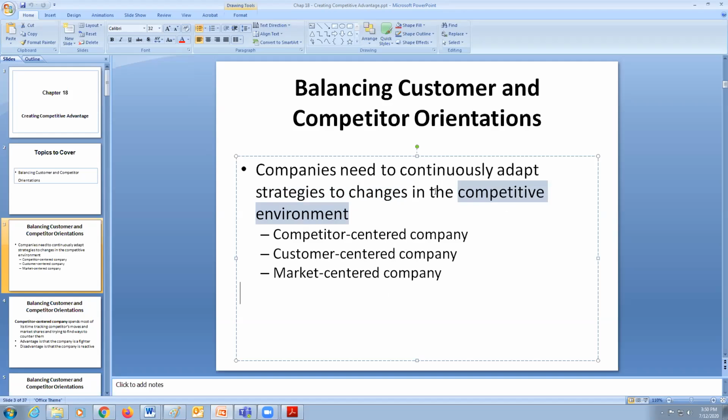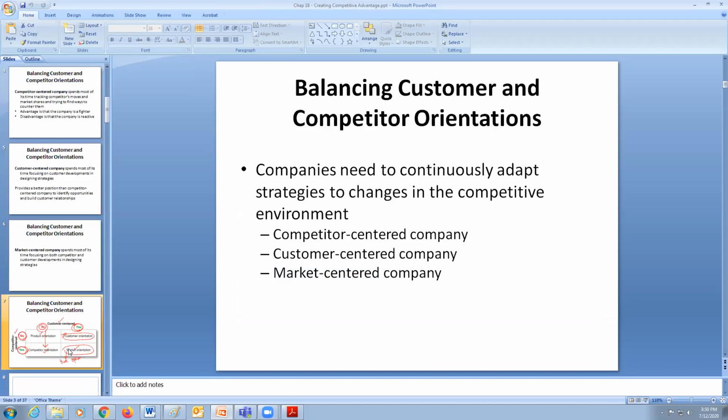So there are 3 types of competition, meaning competitor-centered, customer-centered, and market-centered companies. That means either you create the product on a competition basis, or customer-centered, or market-centered. And those are very important.